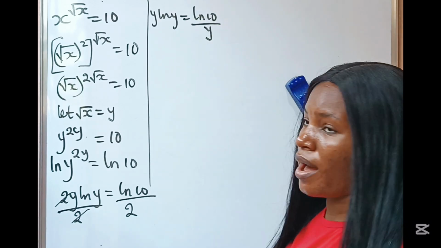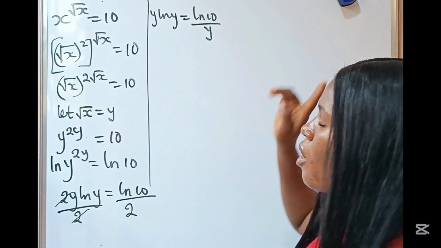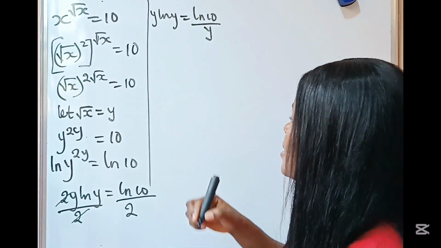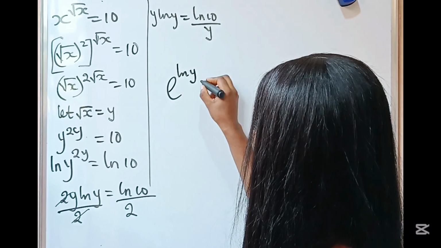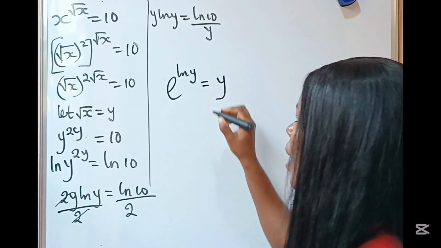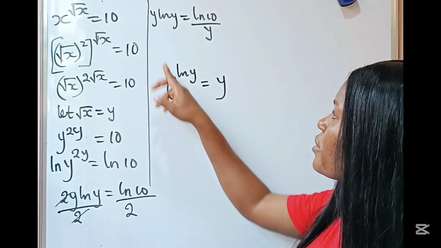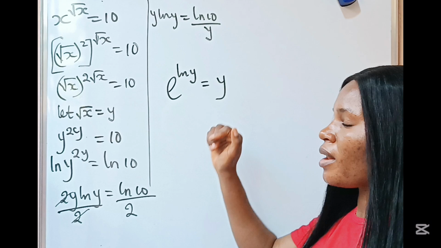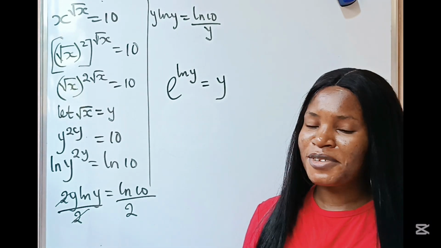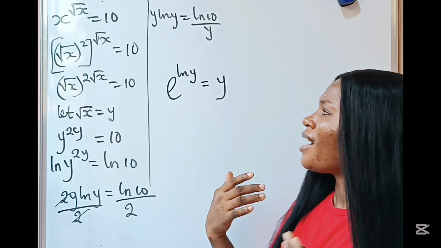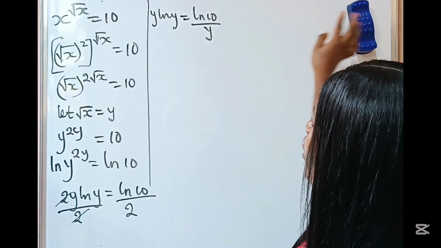Okay, all right. Now note that e to the power of ln y is equal to what? y. I'm going to replace this y with e to the power of ln y, and I'll explain why. So just keep following and you are going to enjoy it. So we are going to replace y with e to the power of ln y.